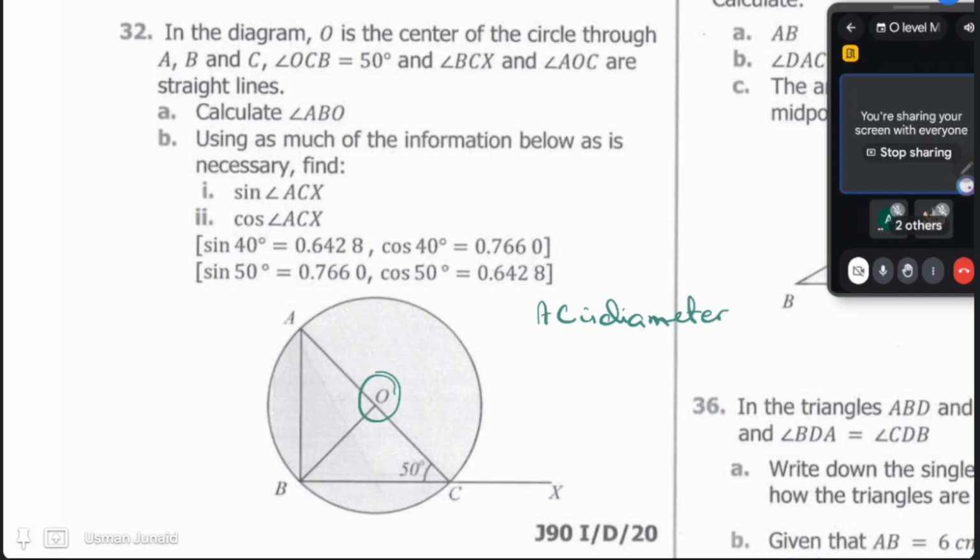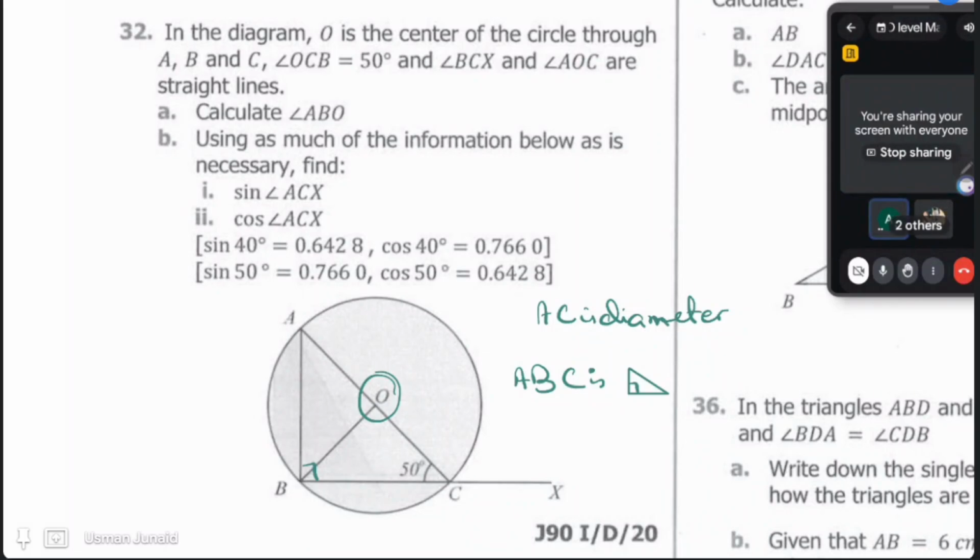Now we know if two lines are subtended from the diameter to the circumference, the angle formed is 90 degrees. So ABC is a right angle triangle.